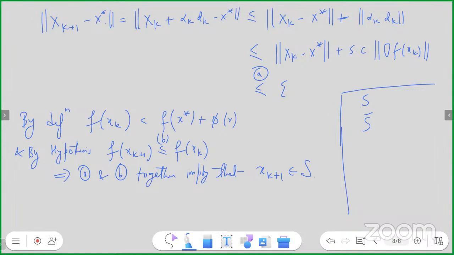Suppose xk converges to some point x tilde. Now use all the theorem's hypotheses: all limit points are stationary, and in the neighborhood S there is only one. So it better converge to x star. That's all. If you want me to write, I'll write, but that's essentially what it is.